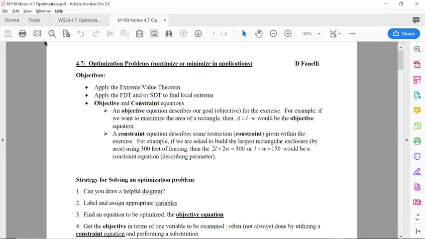So for an example where we are trying to minimize the amount of material that we use to package our product, the equation we construct whose output is the amount of material, let's say a surface area equation, would work for the amount of material to create a package. The surface area equation I would label as the objective equation, because it's the one that outputs information about our objective for the exercise, the thing that we are trying to optimize.